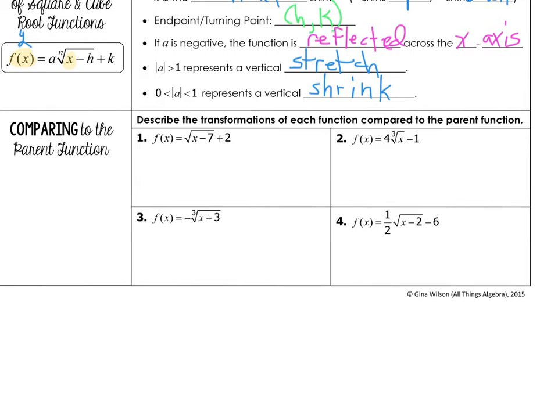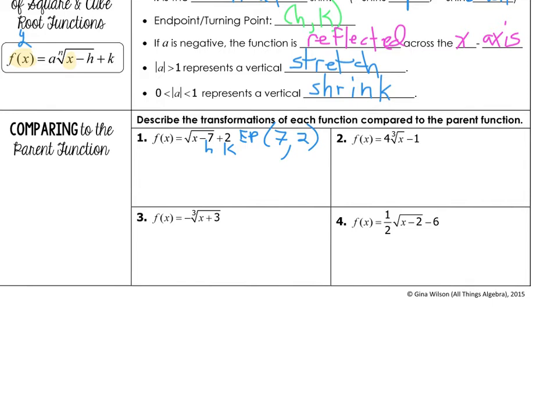Because it's a square root, I know that I have an endpoint, so I'm going to call it EP. So this is my h and this is my k. Remember, my H is going to be the opposite of what I see here. Because I see a -7, I'm going to put a +7, but the same as what I see here, a 2. So my endpoint is 7, 2.